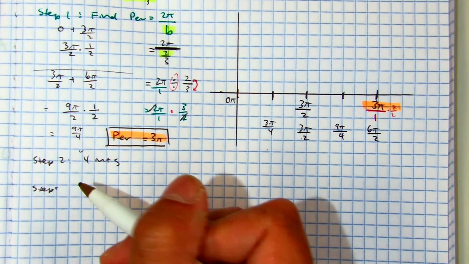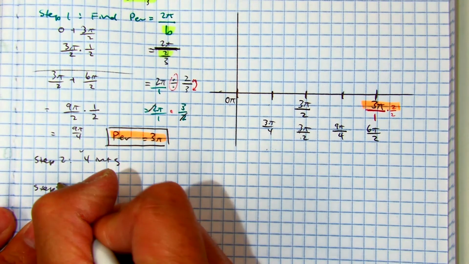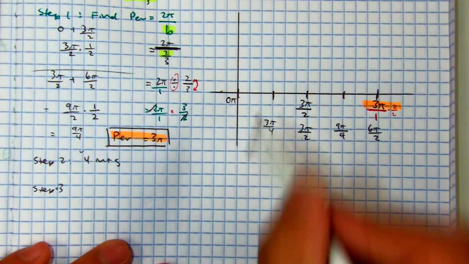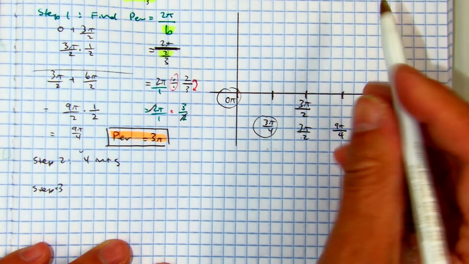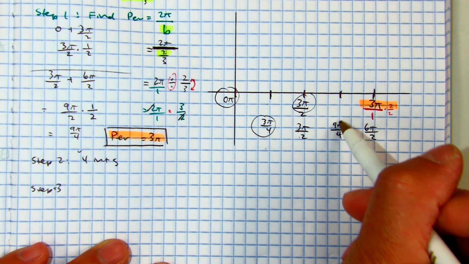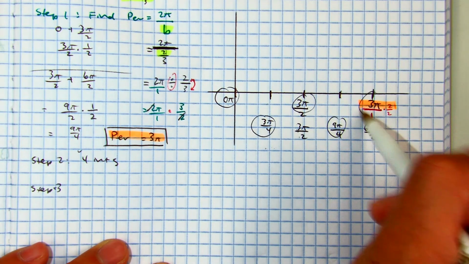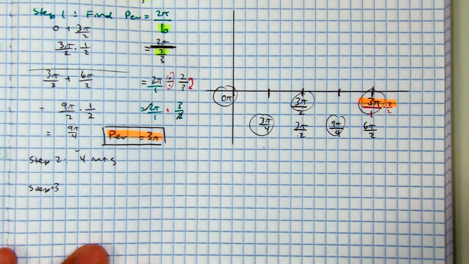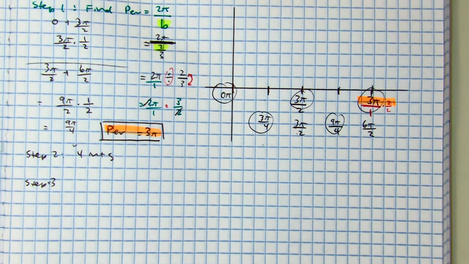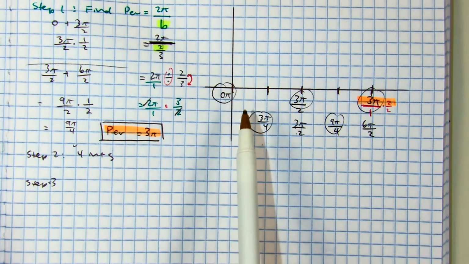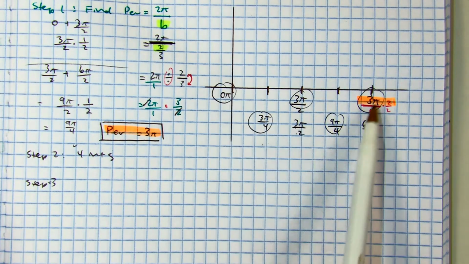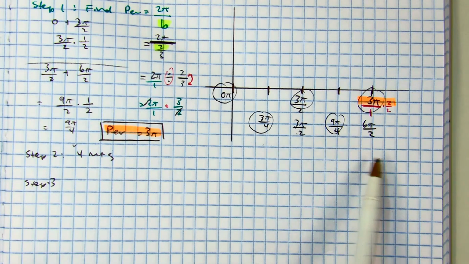Ricardo, what's step number 3? Evaluate the function for each of the 5 x values resulting from step 2. The points will be maximum points, minimum points, and x-intercepts. Okay, what I did here is I circled the reduced fraction. Those are my points, because your fractions are going to start getting messy, that's fine.